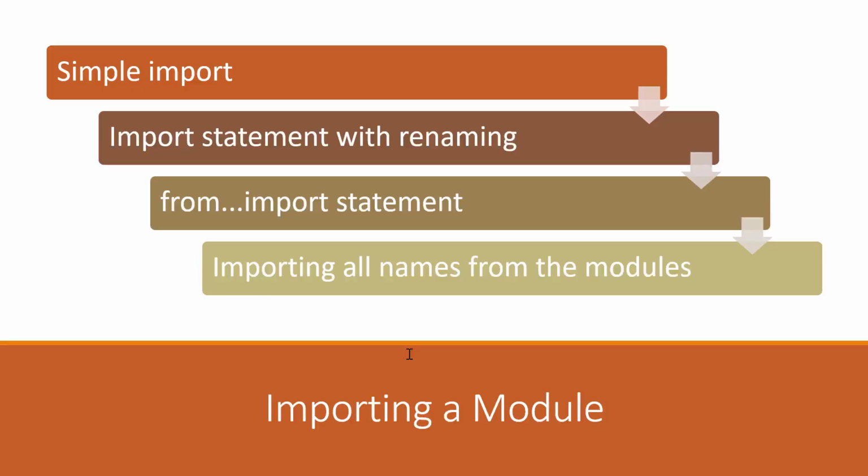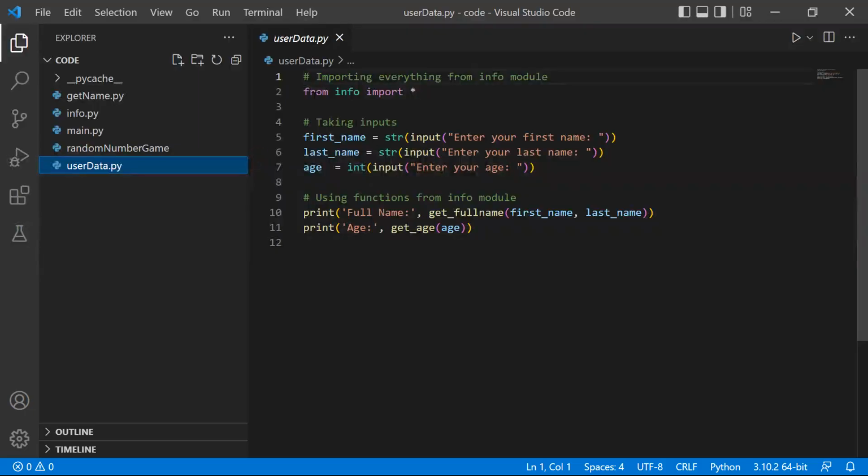Now let's move forward and understand how we can import all the names at once from a module. In the previous section, we have seen how we can import only one component from our module. But what if we want to import all the components from the module? In such cases, we have to use the from import statement only, but instead of defining the name of the single component, we can use this asterisk.